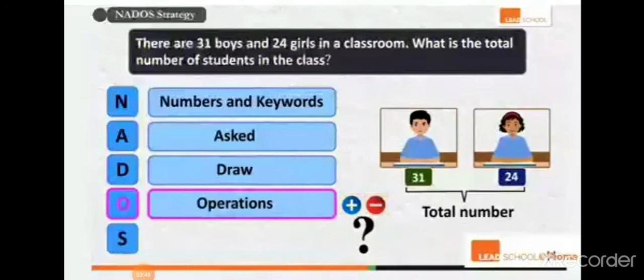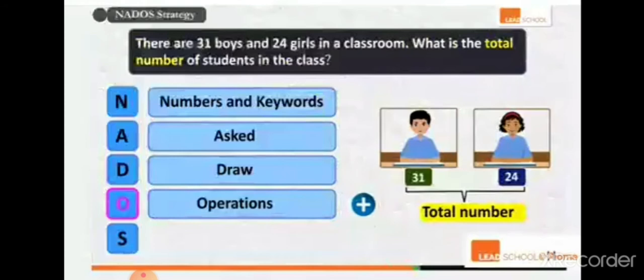Let's check which operation we will be using to solve this problem. For this, let's check the keyword. Here, we have the keyword total number. Do you remember total number is used for which operation? Yes, it is used for addition.